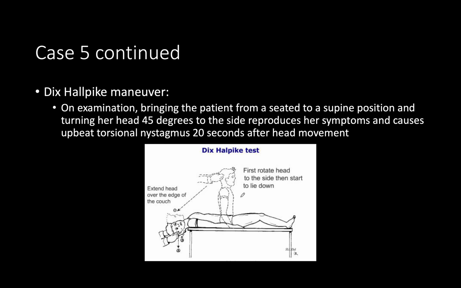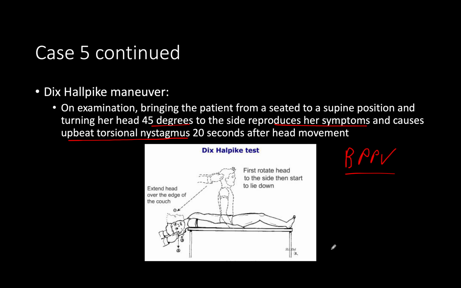What we do is take the patient from sitting and quickly have them lie down and then rotate their head 45 degrees. If this maneuver produces the symptoms, you have your diagnosis. If it reproduces the symptoms and causes upbeat nystagmus, this is going to be BPPV, benign paroxysmal positional vertigo.